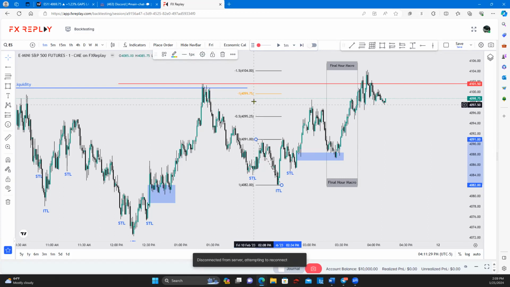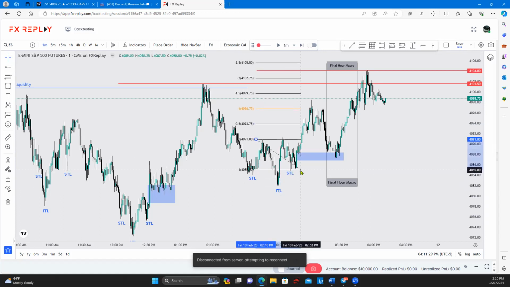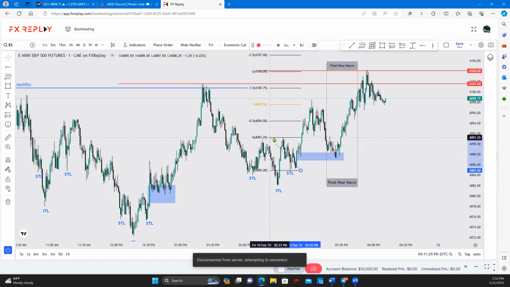Now we can't take one because one is underneath this buy side. So the new buy side is this high in this red line, right? So the next one above that is 4104.00, right there.